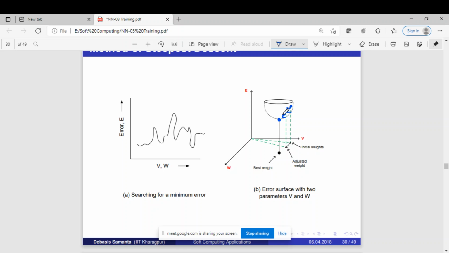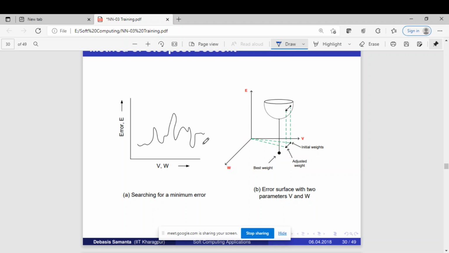We are adjusting the weights appropriately so that the error will be minimized or become zero. Now here we have the original solution and the solution that we got after the first round.